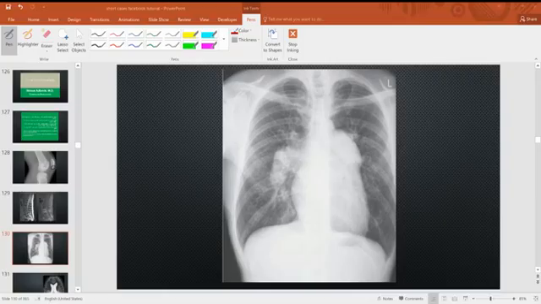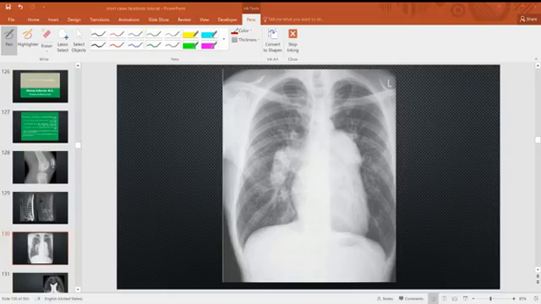Someone wrote pulmonary artery hypertension, pulmonary artery aneurysm, pulmonary artery hypertension. Okay. Which part of the pulmonary artery is dilated in this patient?